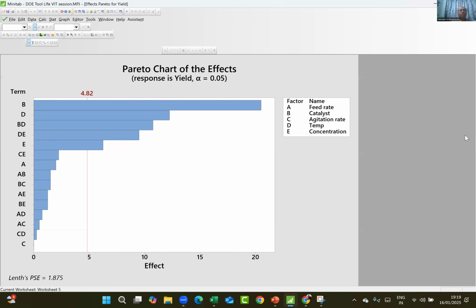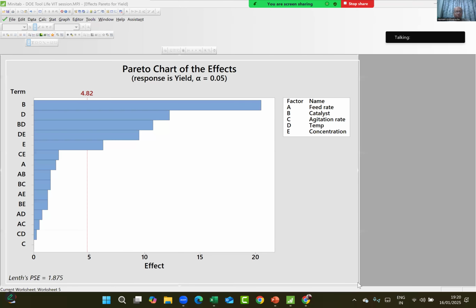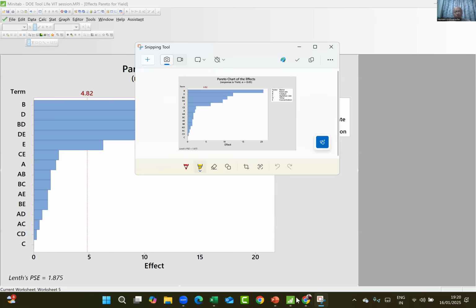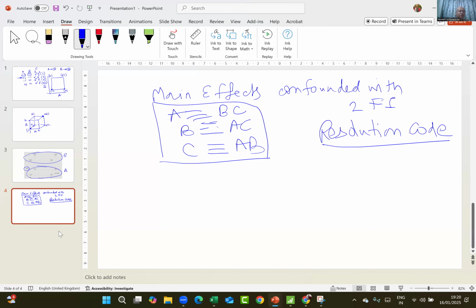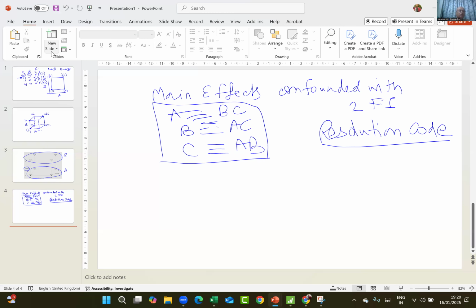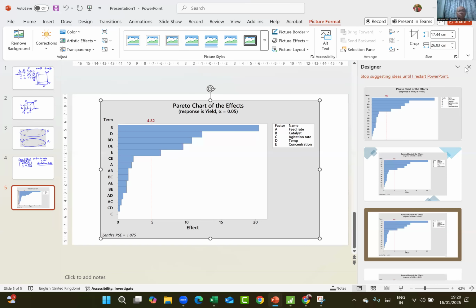Secondly, if you look at this graph, let us say I copy this and paste it in a blank sheet. Okay, so this was the Pareto chart that I have shown you.